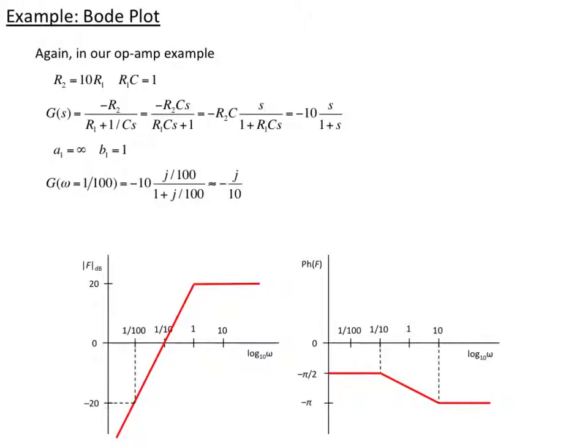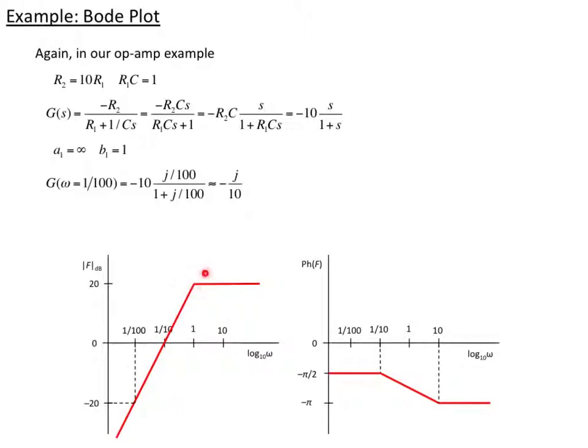Now I know that because of this s, I'm already past it, any positive value for s, so I'm going up at plus 20 decibels per decade. That gives me this slope. Here I'm minus 20, so at 1/10 I'm going to be at 0, and at 1 I'm going to be at plus 20. Then I hit the 1 at the B, so now I add in a kink downward of 20 decibels per decade, but I was going up, so I add in a minus 20, that flattens me out.